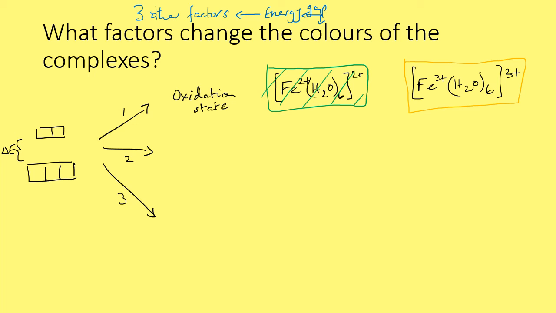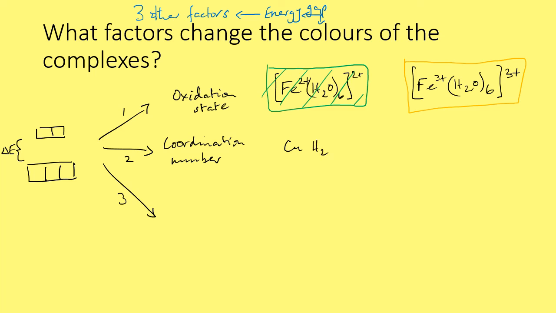Second thing is the coordination number. All right, so if we change the coordination number, then we can change the color by means of changing the energy gap. Let's look at an example. We haven't got such a good example in this case, so let's look at copper aqua complex.